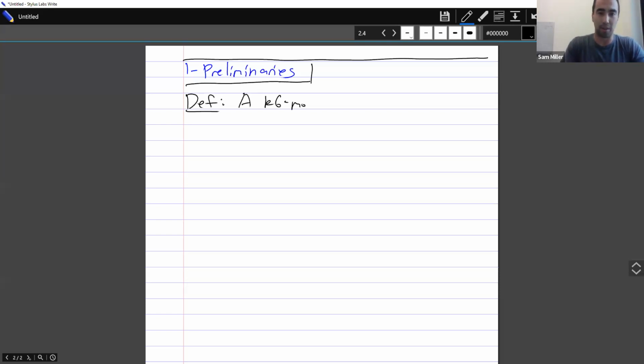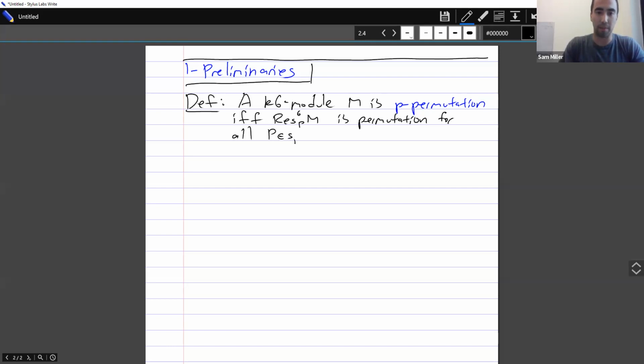A KG module M is p-permutation if and only if the restriction of M from G to a p-subgroup P is in fact permutation, for all p-subgroups.